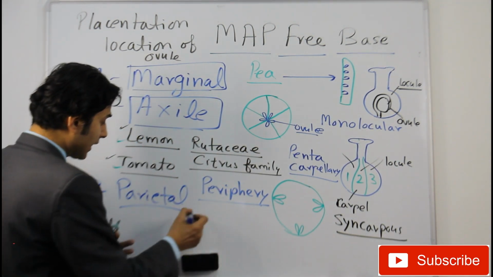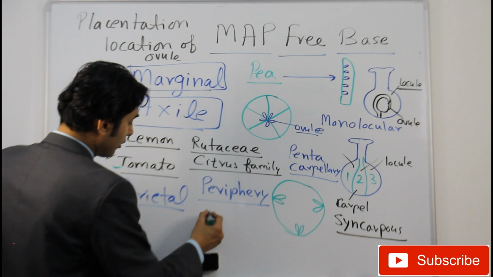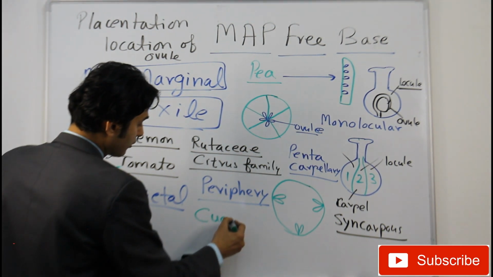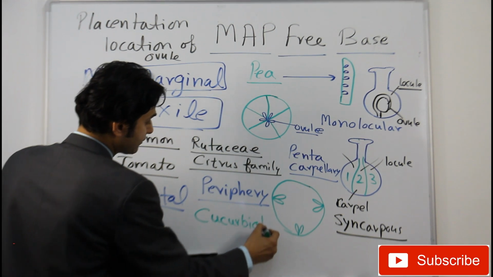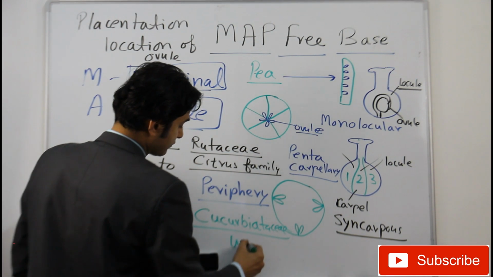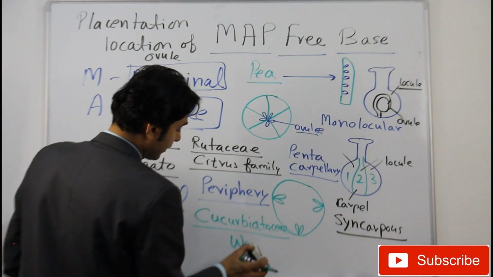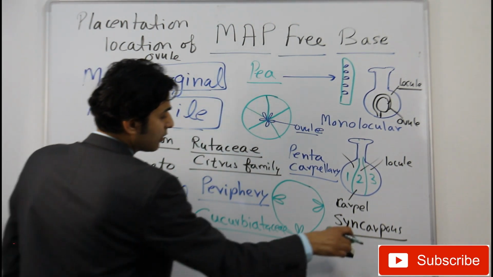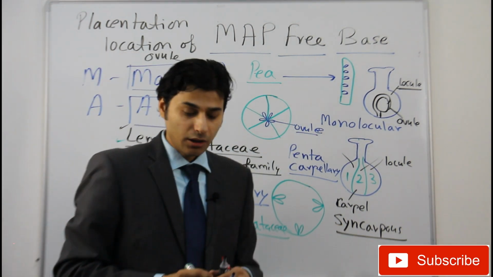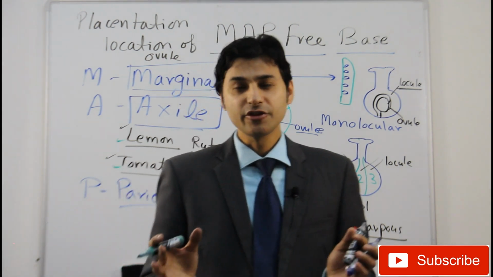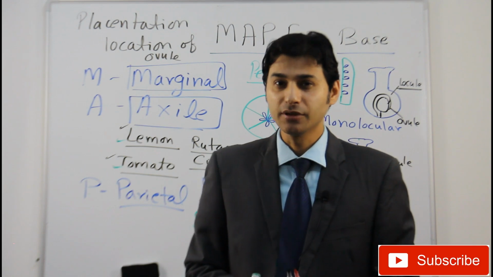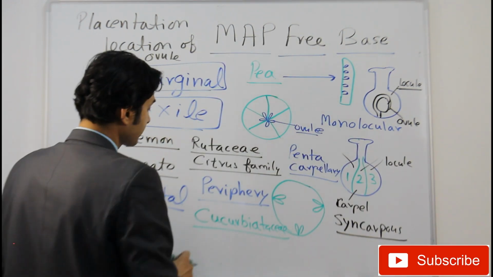The examples are Cucurbitaceae family, or cucurbits, watermelon. All those plants which are members of the Cucurbitaceae family, a family which basically has vegetables. We are more familiar with the vegetables present here.